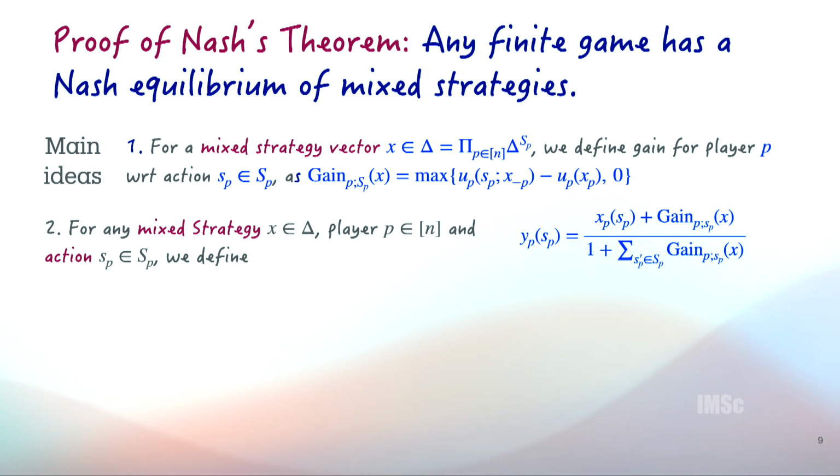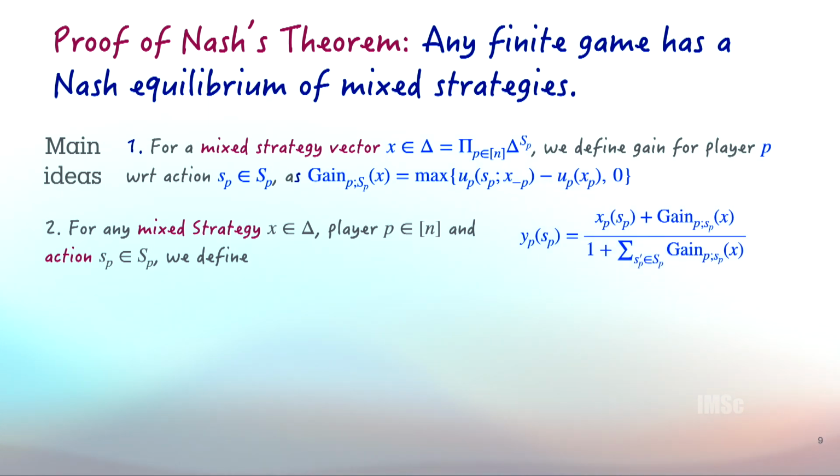Player P was originally playing xp, a mixed strategy, right. So, he was playing with probability, whatever this quantity is, xp sp, the probability mass for the player P playing the action sp. Now, for the same action sp in this new mixed strategy, what are we doing?